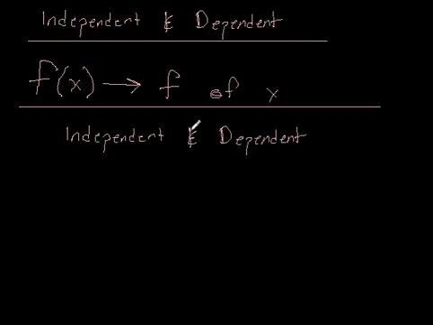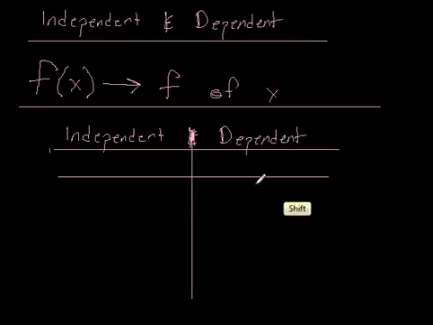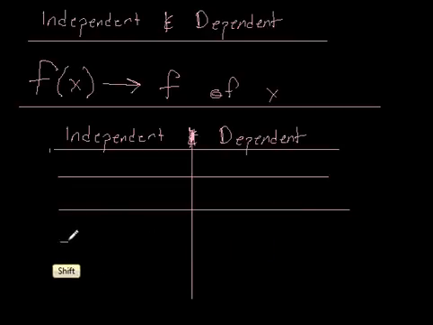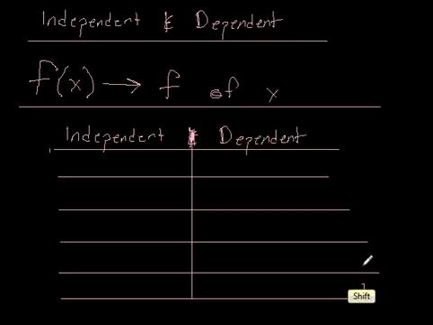And from here, what I'm going to do is just create a little table. I'm going to create 5 more rows here. I'm just going to write some other terms that are used to describe independent and dependent variables.